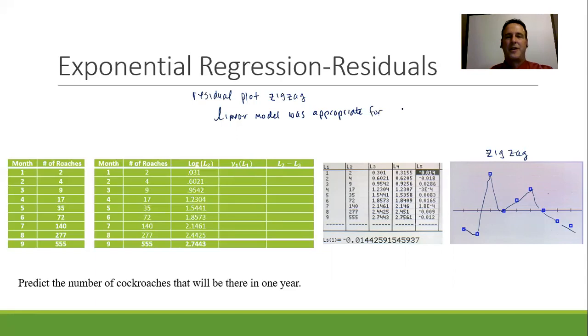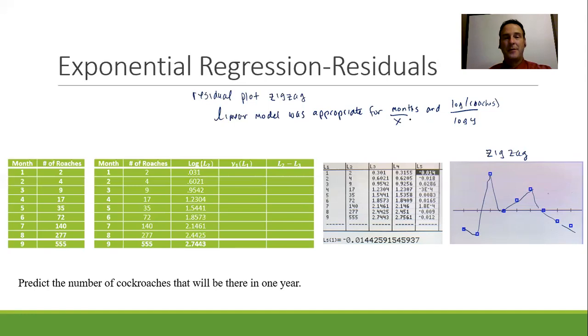For my x's, which in this case was months, and the log of y's. In that case, it was the log of the number of roaches. You'll oftentimes see these reversed with the word versus in between, and that's cool too.